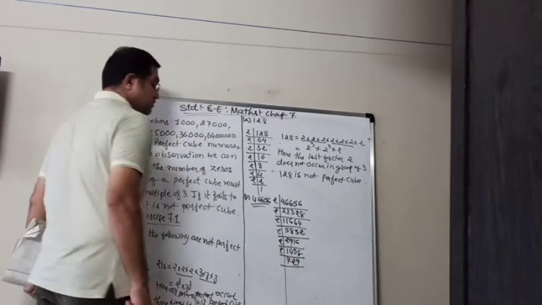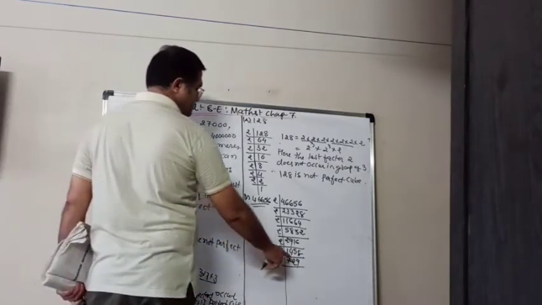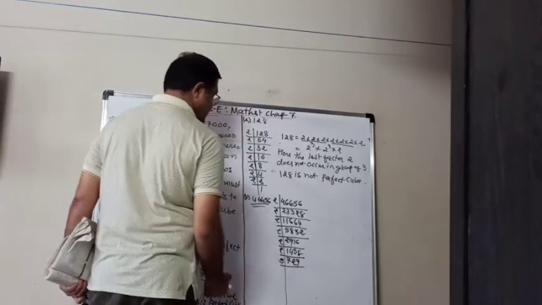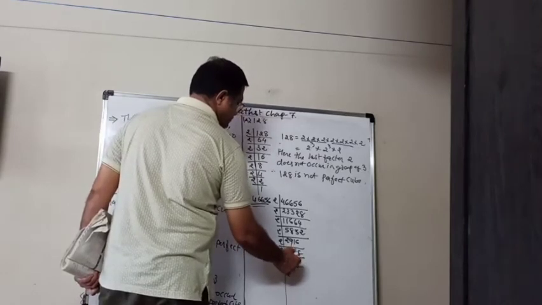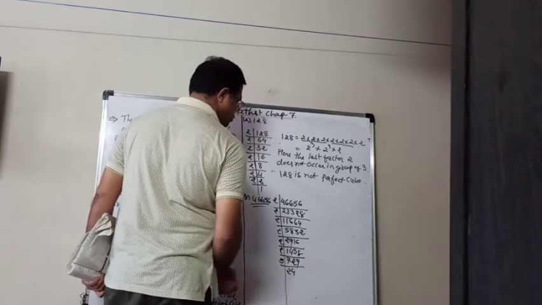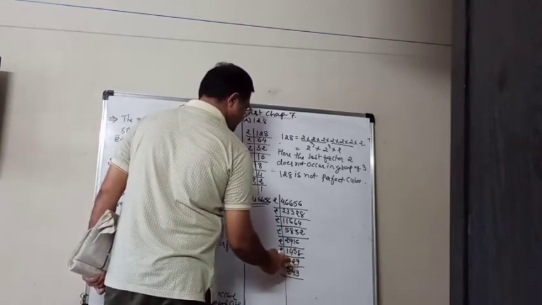Now it is not divisible by 2, so let's check by 3. 7 plus 2 is 9, 9 plus 9 is 18, so it is divisible by 3. 3 2s are 6, 3 4s are 12, 3 3s are 9.